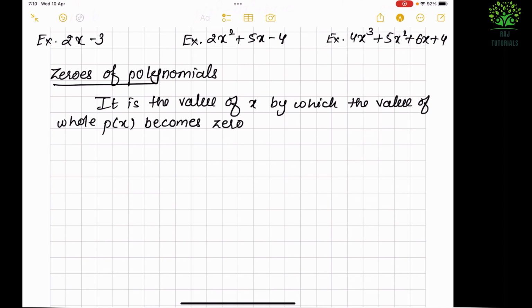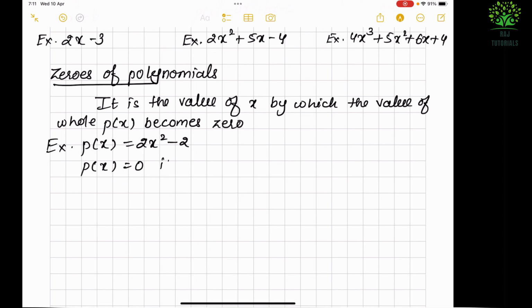So let us discuss an example of that. Suppose I take p of x equal to 2x square minus 2. What will be the value of x for which I get the answer 0?